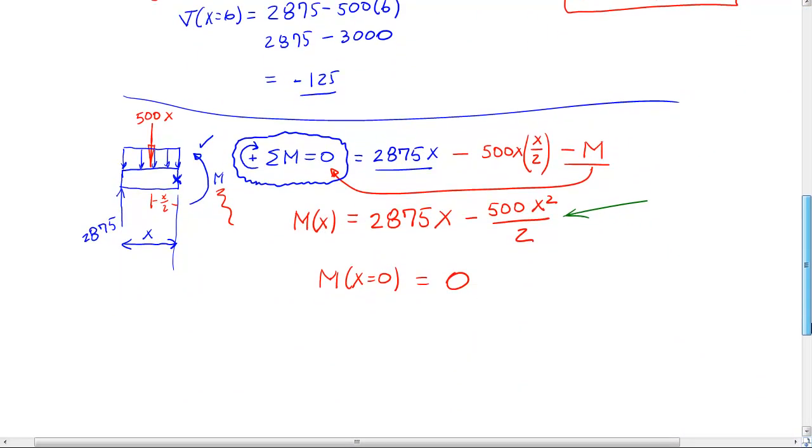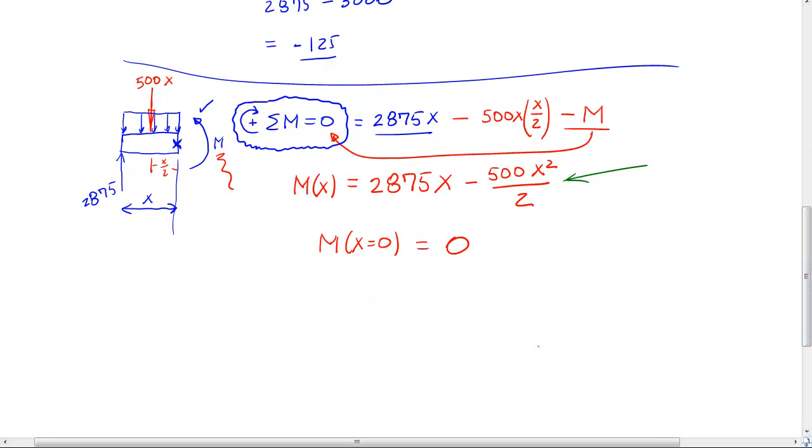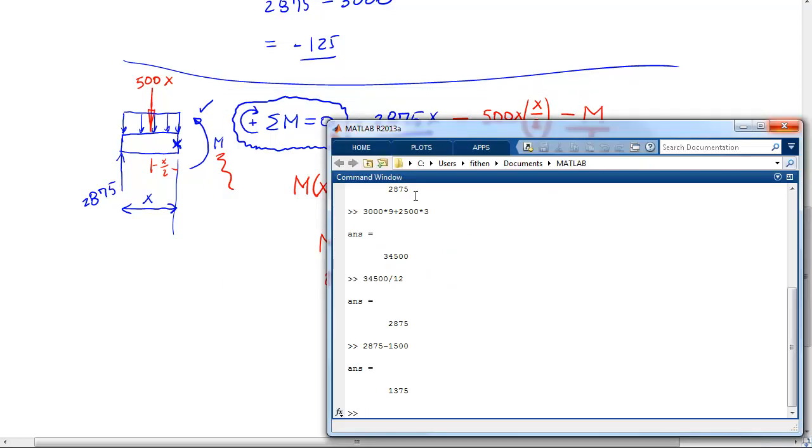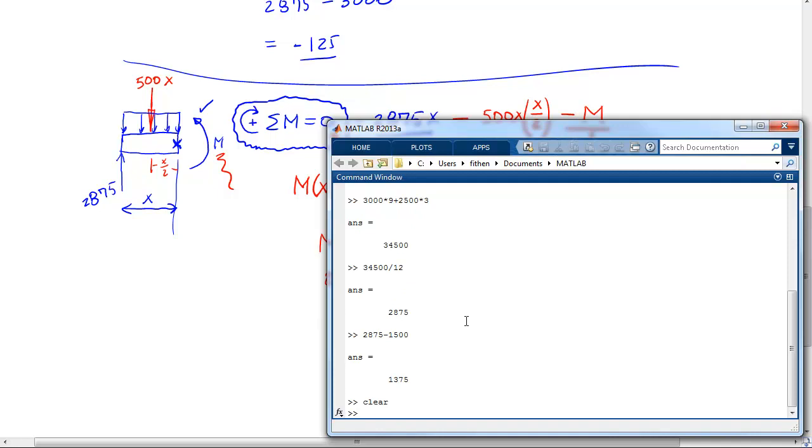And then the question is, you could find out what the value is at anything between 0 and 6. So I think it might be instructive to just plot this. So I'm going to draw in MATLAB here. I'm going to clear the screen. I'm going to say x is equal to 0, say 0.1, all the way to 6.